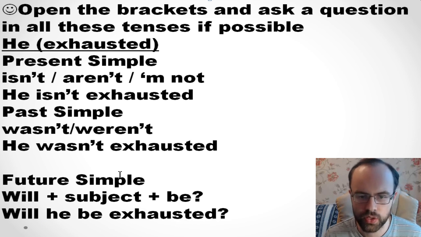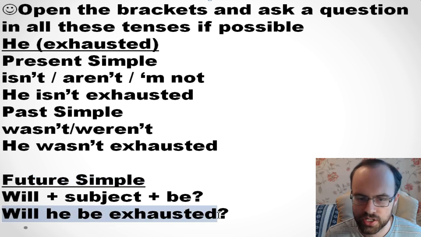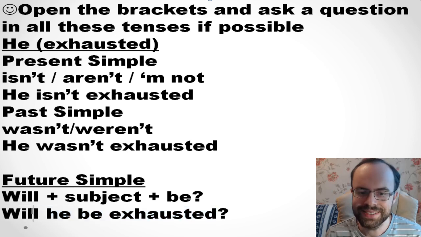Okay, well done. You need to remember the correct word order here. Not will be he exhausted, but only this sentence: will he be exhausted? You put be after the subject. It's a very important thing. Please, my friends, remember it.